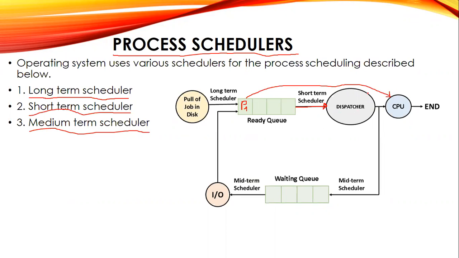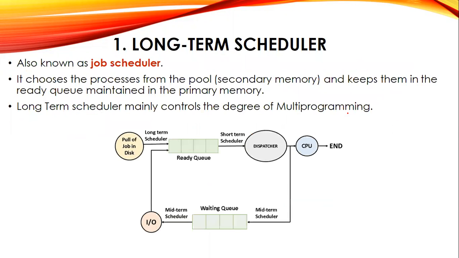And the dispatcher is a mechanism that assigns it to the CPU. So the short-term scheduler says, okay, this process will be executed next, and this is done with the help of the dispatcher. Let's take it one by one.